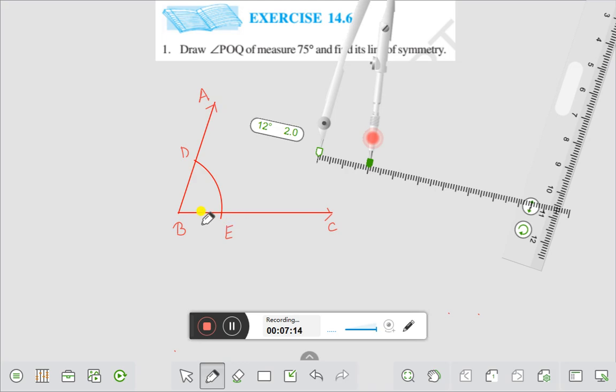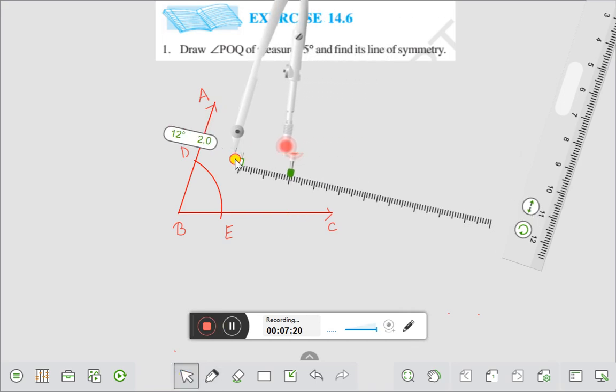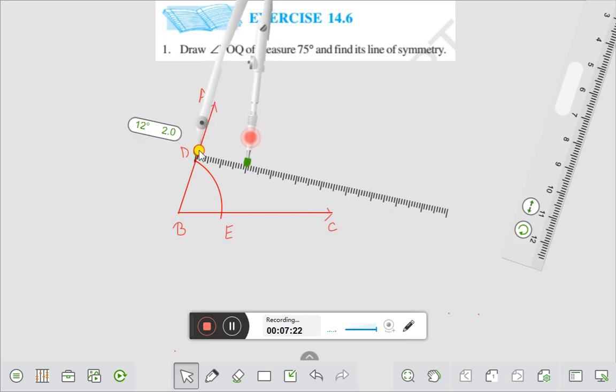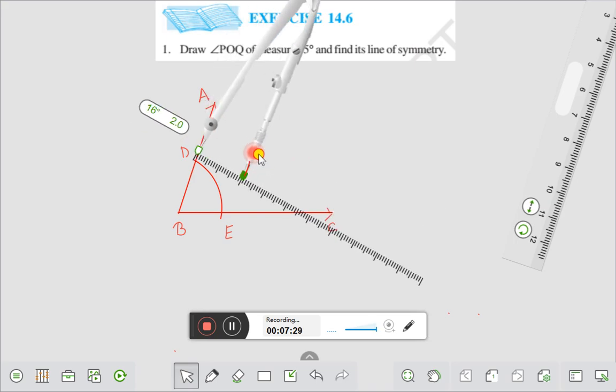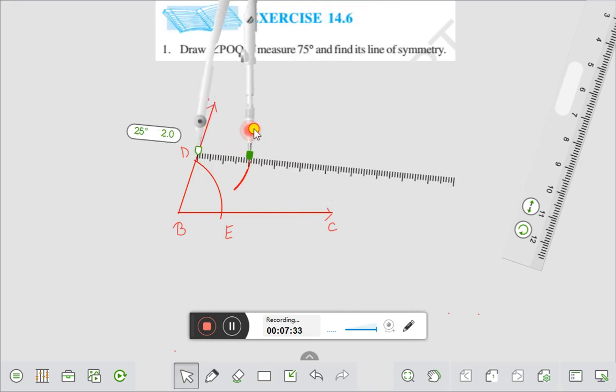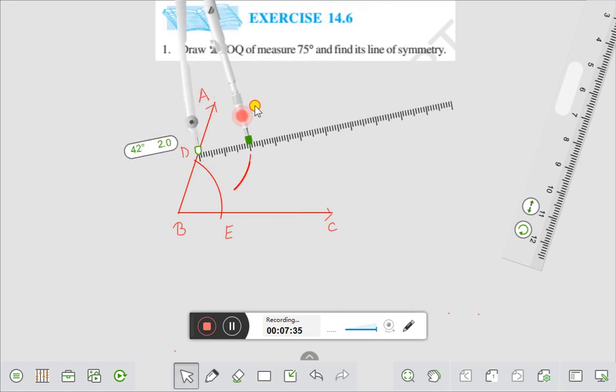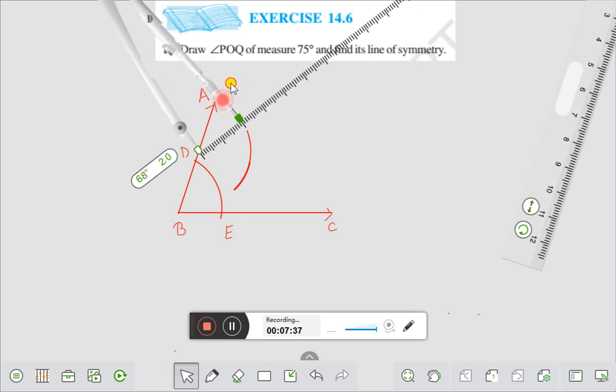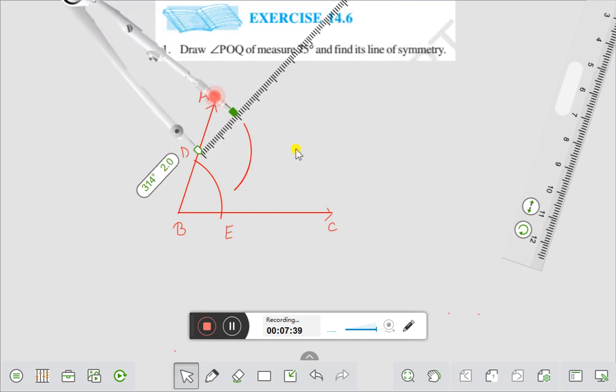Now again put the pointer at point D and make an arc, right?